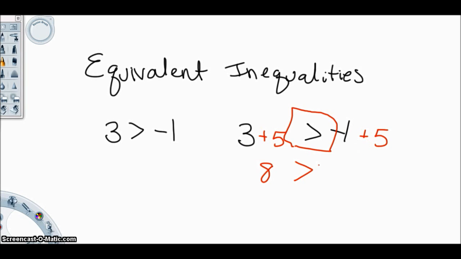So 3 plus 5 equals 8, and 8 is greater than -1 plus 5, which equals 4. 3 is greater than -1 is equivalent to 8 is greater than 4. We added 5 to both sides, so we know that it is going to be equal.